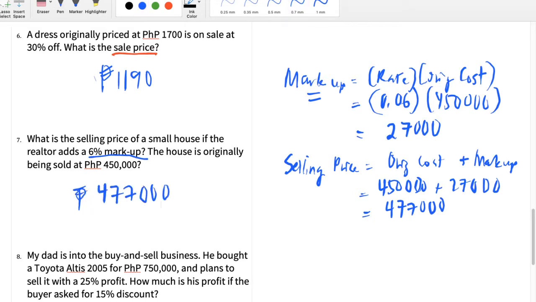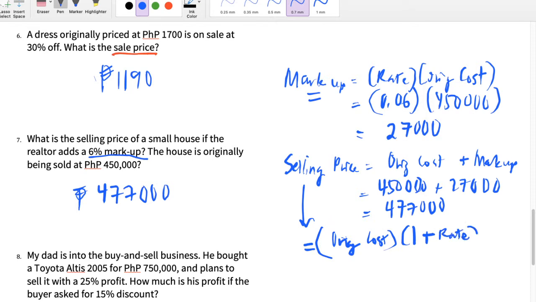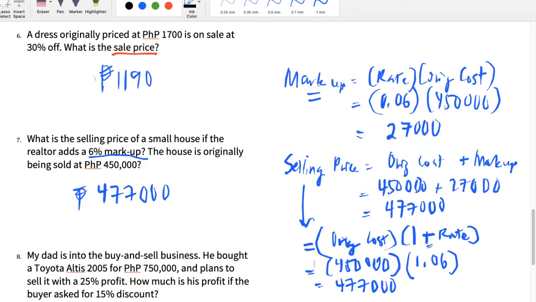Okay? So, another way of solving this, yung mas direct, would be selling price is equal to original cost times 1 plus rate. Plus this time kasi may markup tayo. So, 450,000 times 1.06. So, dapat same ang makukuha nating sagot, 477,000. So, subukan nyo parehong method at tingnan nyo kung saan yung mas madali for you.